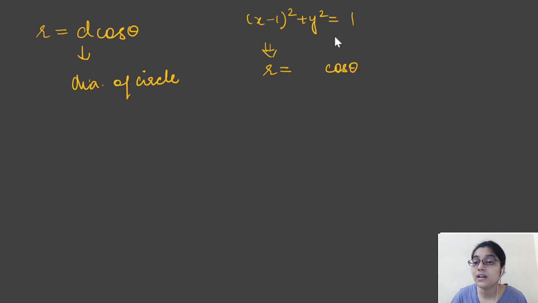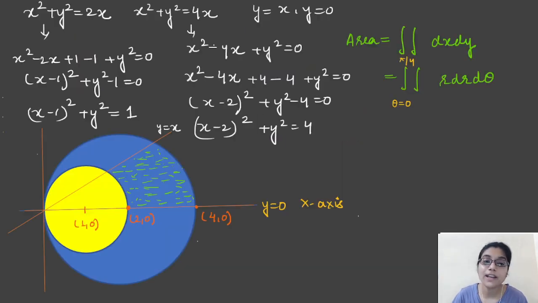D is the diameter. Since your radius is 1, the diameter is going to be 2. And the second circle that you have is x minus 2 whole square plus y square is equal to 2 square. In this case r is equal to d cos theta. 2 is your radius, so the diameter is going to be 4. So if you draw a strip like this, you can see that your r is going from 2 cos theta to r is equal to 4 cos theta.